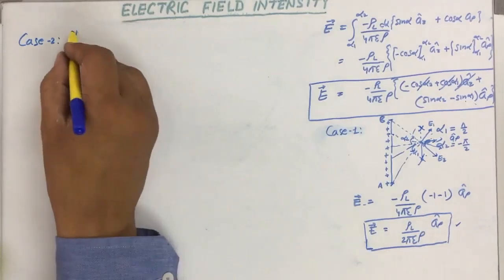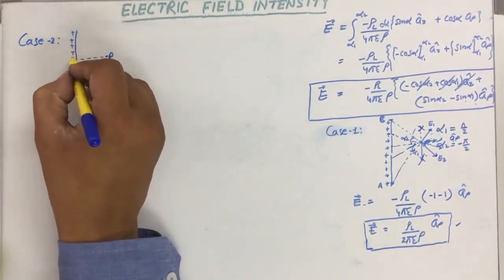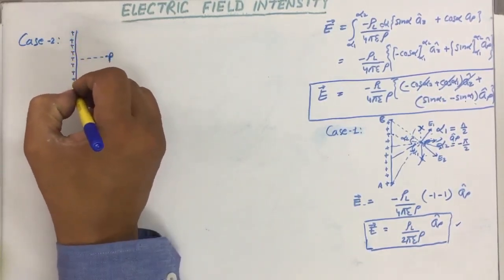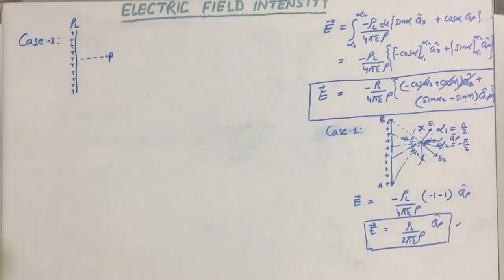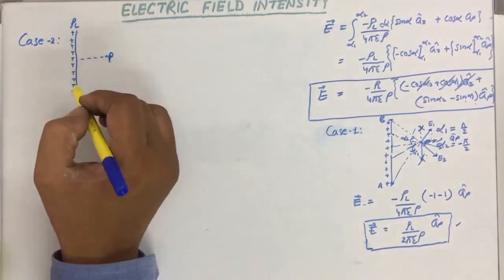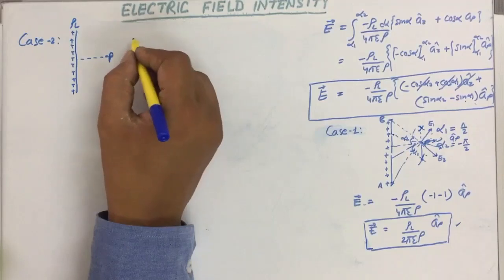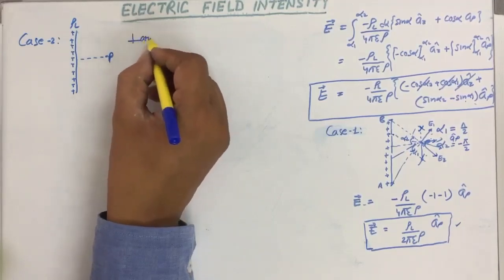This is the point. This is our charge distribution of density rho L. If it is at the bisector of this line, then we can say it is at the perpendicular bisector.